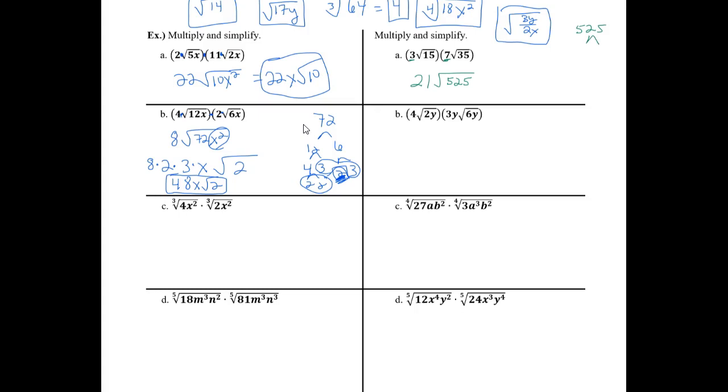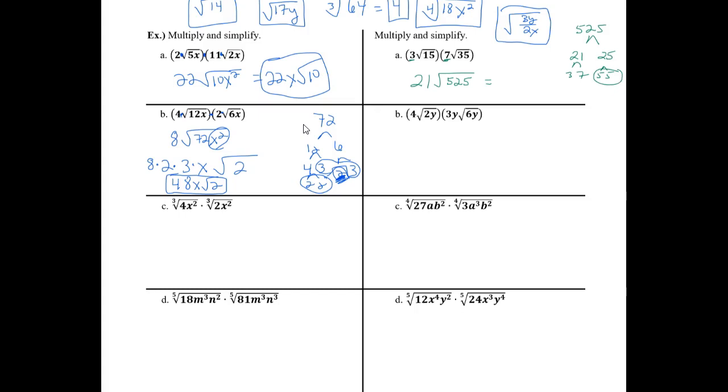I can see that 525 ends in a 25. That means that 25 itself will divide into that 21 times. And then I keep factoring. And 21 itself is 3 times 7. 25 is 5 times 5. There's my pair.